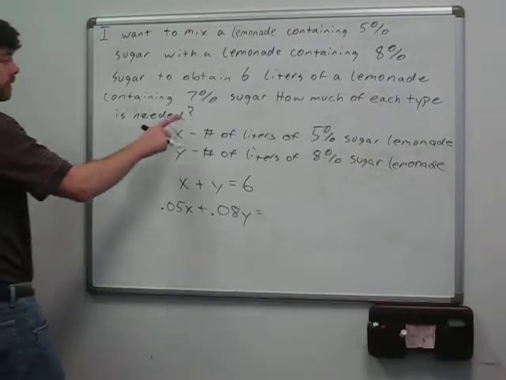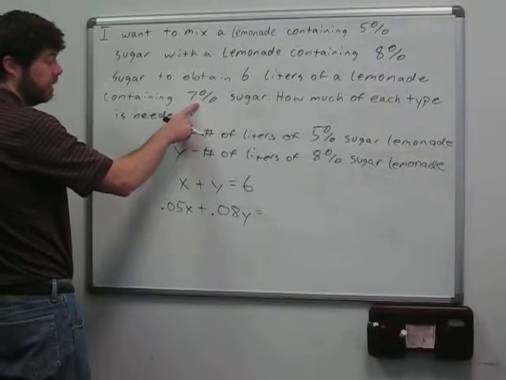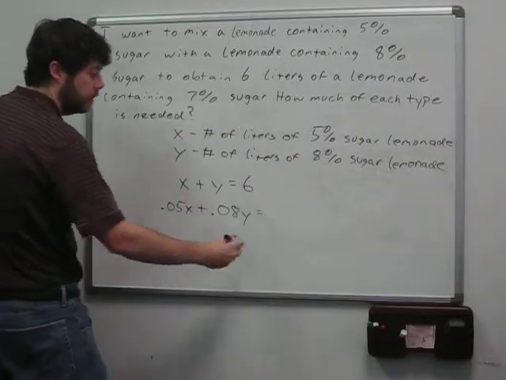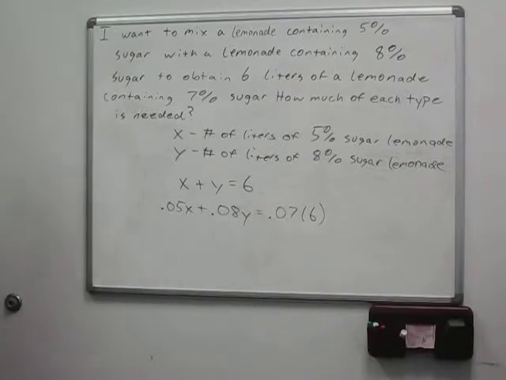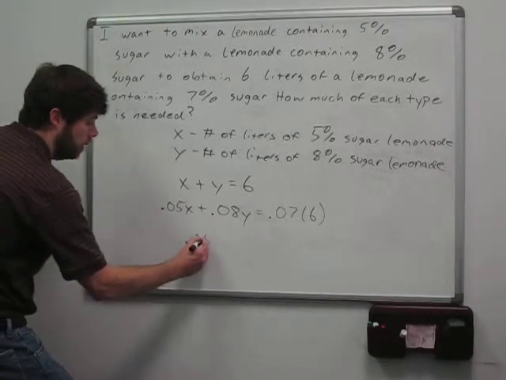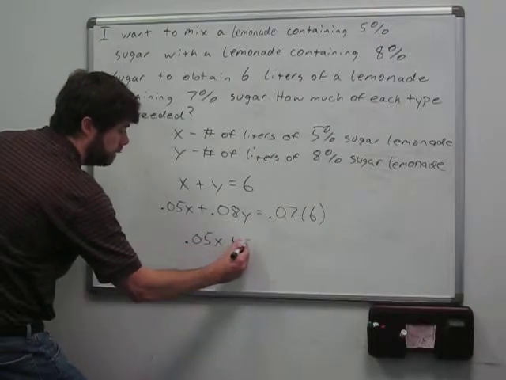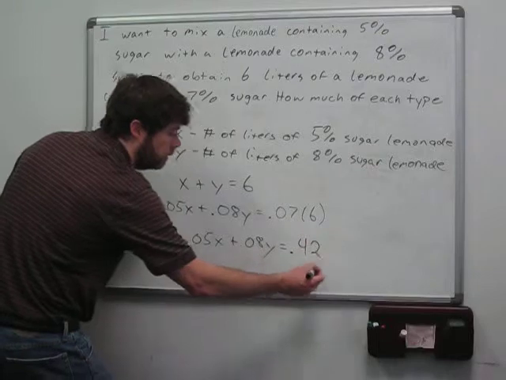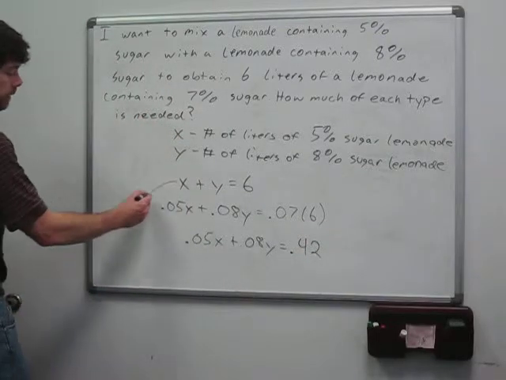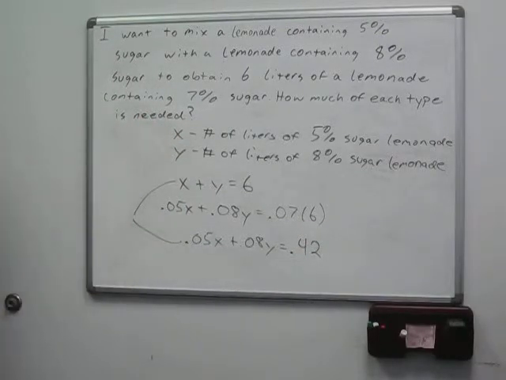And the total amount of sugar in the final batch is going to be 7% times 6 liters. So this equation will simplify to 0.05x plus 0.08y equal to 0.42. I would like to use these two equations in the system that I want to solve.